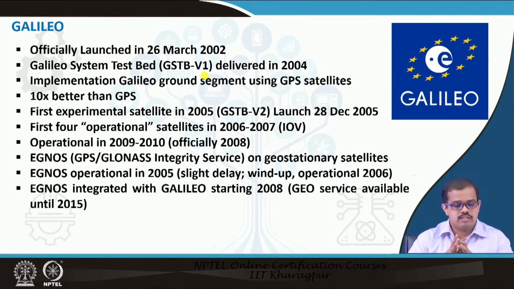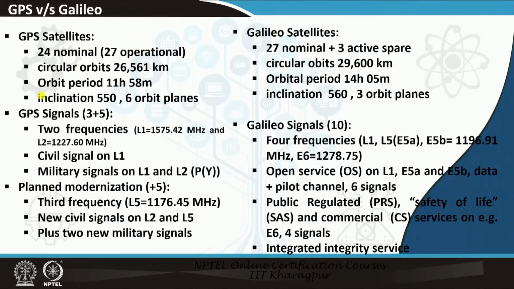Then we had EGNOS, that is, GPS and GLONASS integrity services on geostationary satellites. EGNOS was supposed to be operational in 2005, but it was delayed and started its operations in 2006. Nevertheless, EGNOS integrated with Galileo started giving us signals by 2008, and geo services are available until April 2015. So this is how Galileo has evolved over a period of time.